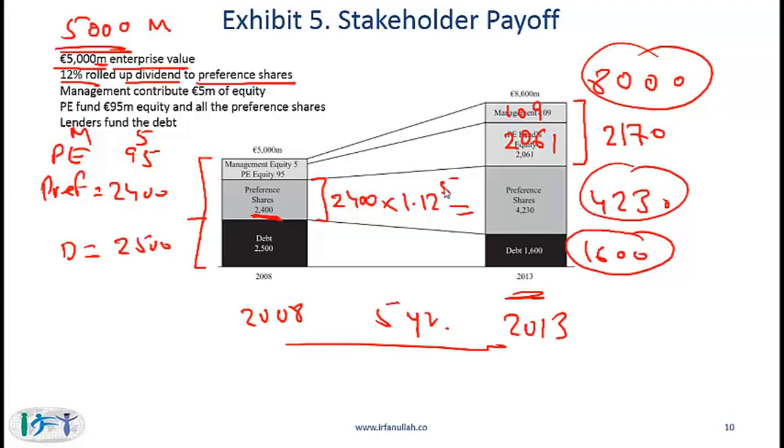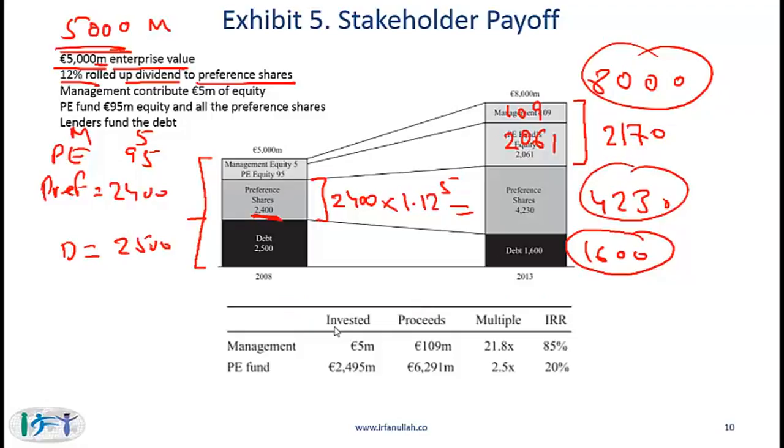2061. Now what we can do is actually look at the return for the various investors. So if you look at the management team, the amount invested was 5 million. 5 million became 109 million, which represents an IRR of 85%. So clearly the management team did extremely well.